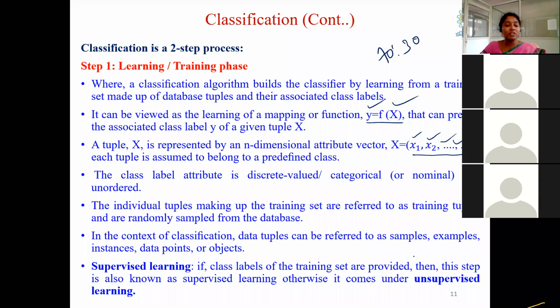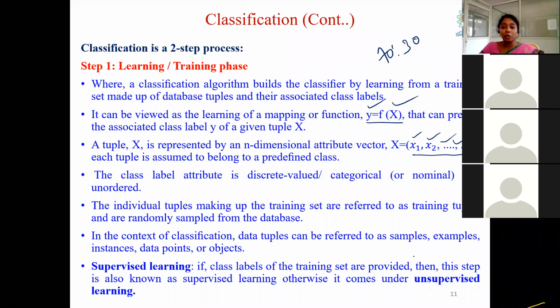So, coming to supervised learning. If class labels of the training set are provided, then this step is also known as supervised learning. Otherwise, it comes under unsupervised learning. These are also two famous buzzwords used in the classification process. If the class label is provided during classification, it is called supervised learning.